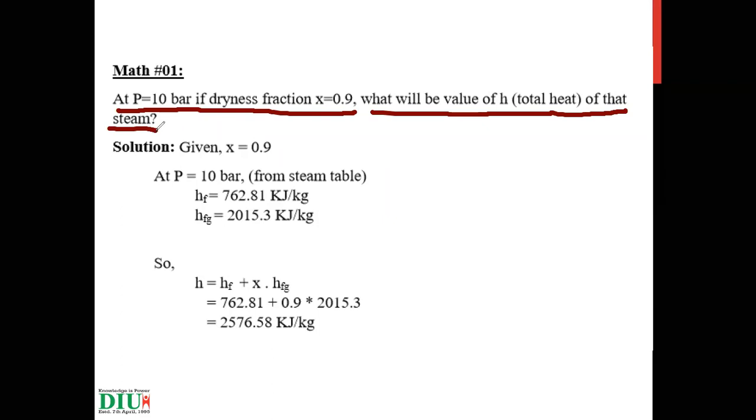So how can we guess? We discussed dryness fraction for wet steam only. The dryness fraction is for wet steam. So though there is nothing written as wet steam in this example, the dryness fraction value is given, that's why it is wet steam.